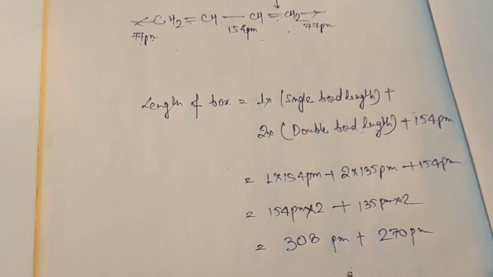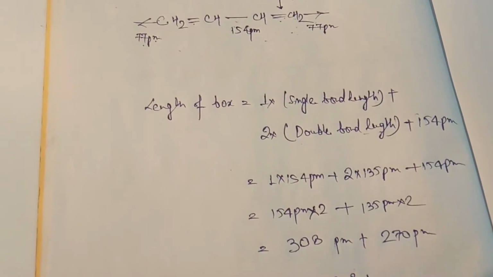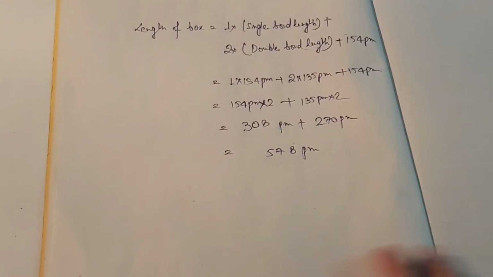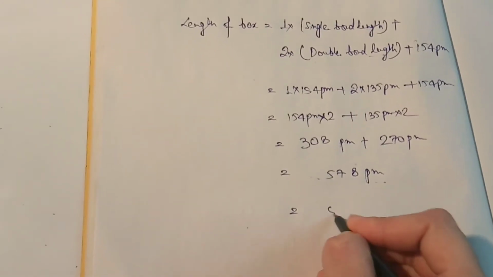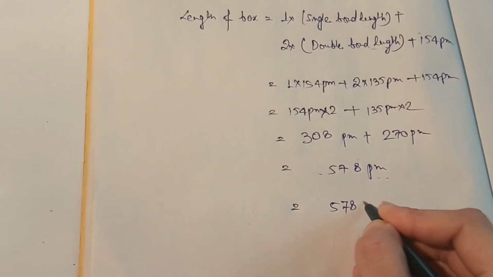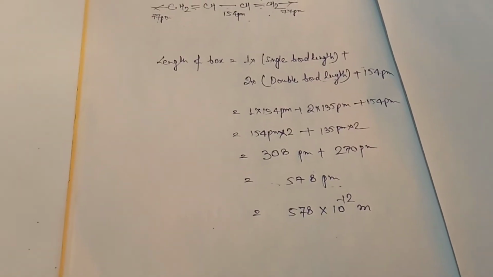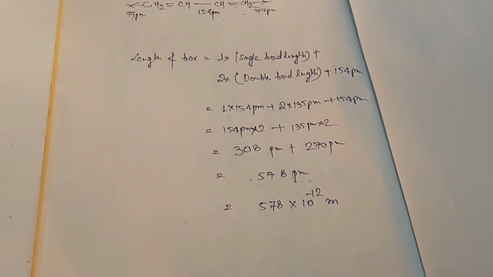So the total is 578 picometer. So the total length of the molecule is 578 picometer. We can represent it in meters, 578 into 10 to the power minus 12 meter. So this is the length of the box and this is the length of the molecule.